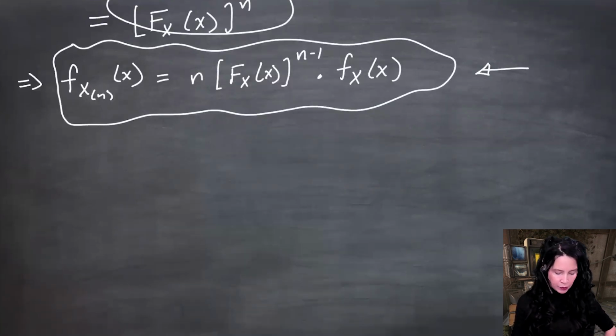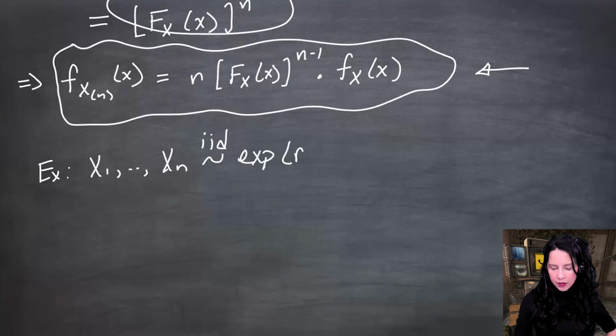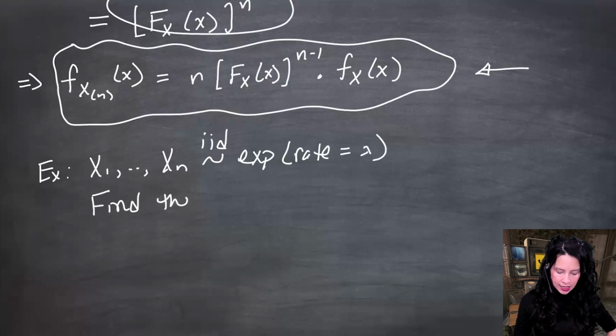Let's do it for our exponential example. This one we actually won't be able to name. It's not a nice known named distribution, but that doesn't mean we can't find the PDF. So find the PDF for the maximum.